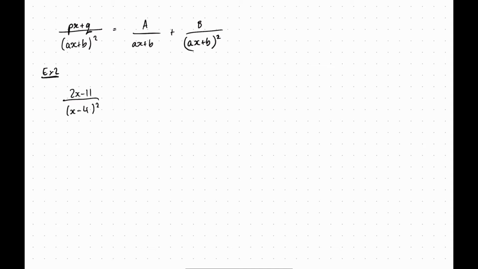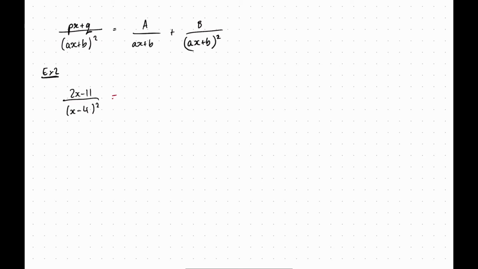Off the top of my head, I can't remember exactly why it splits up like this, but you just have to learn these rules basically. So if you've got a repeated root, you have to consider the fact that there is a term over the linear version plus a term over the squared version. Okay, so let's see what that looks like in practice.